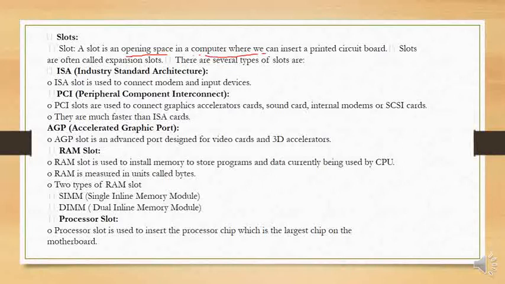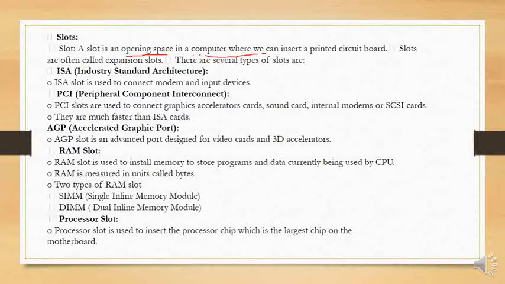Next, processor slot. So we know what a slot is. A slot is an opening space in the computer where we can insert the printed circuit board. That is, it is a space allowing for storing our other devices. This is the motherboard. So a slot is a space in the computer such that we can place all the hardware components or small unit devices on the board.